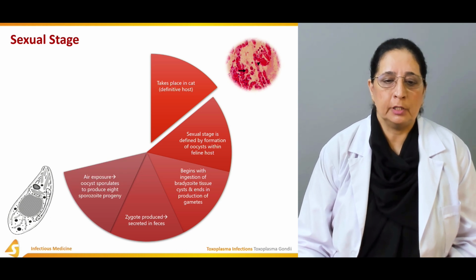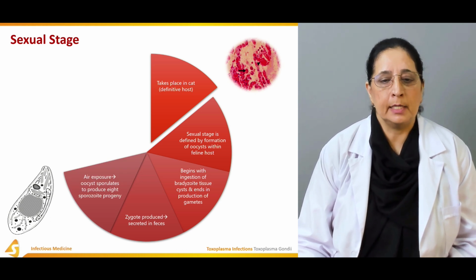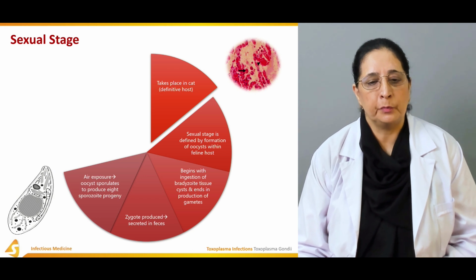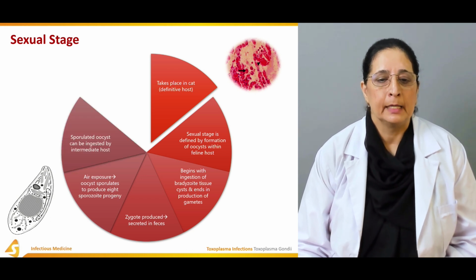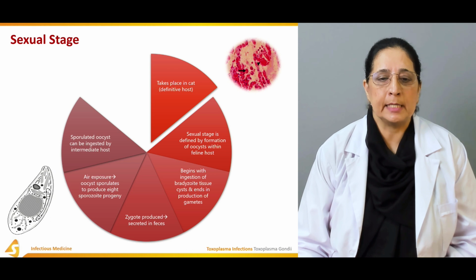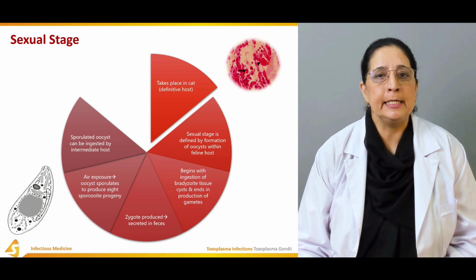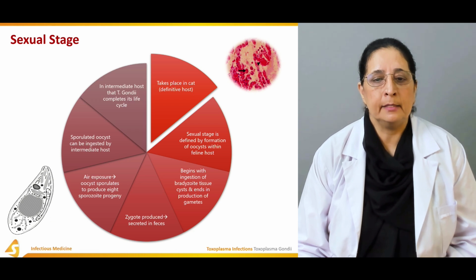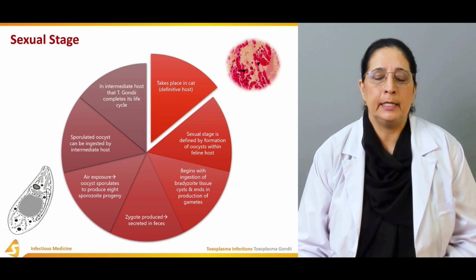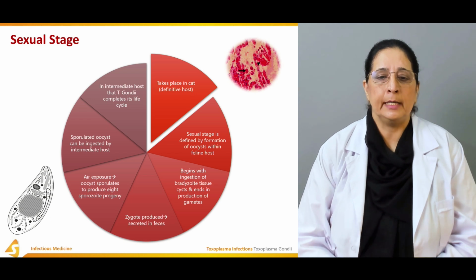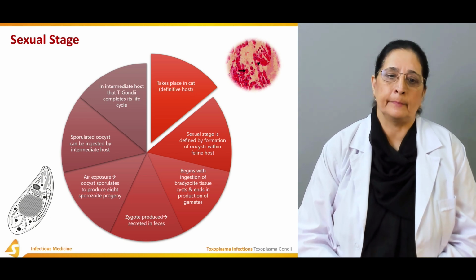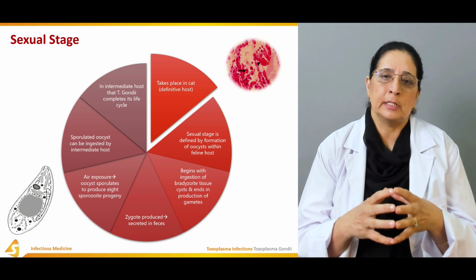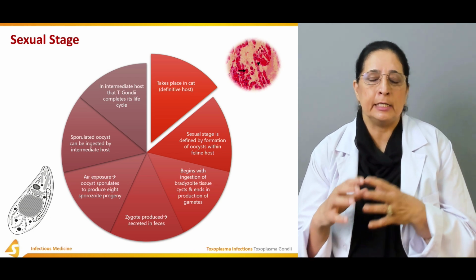With air exposure, the oocyst sporulates to produce sporozoite progeny. Sporulated oocysts can be ingested by the intermediate host, and then in the intermediate host, Toxoplasma gondii completes its life cycle. So we have asexual stage, we have sexual stage.